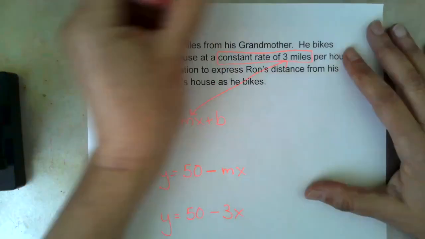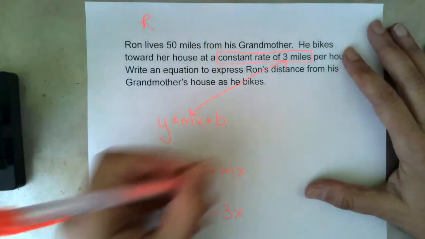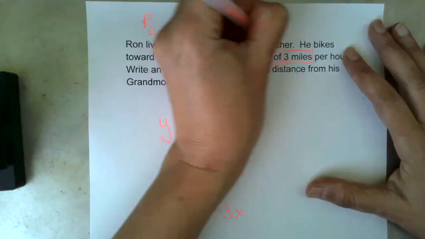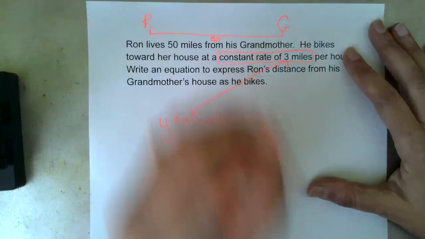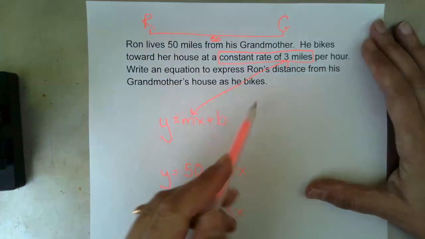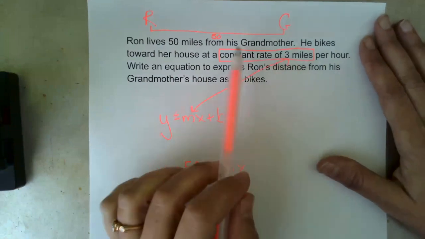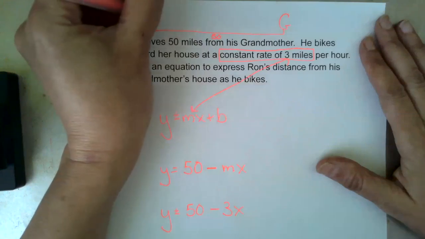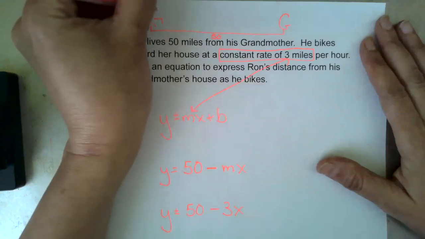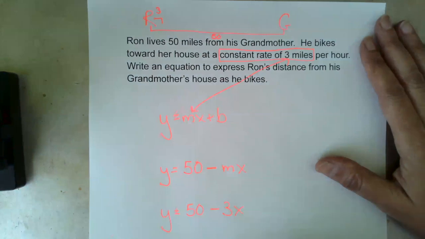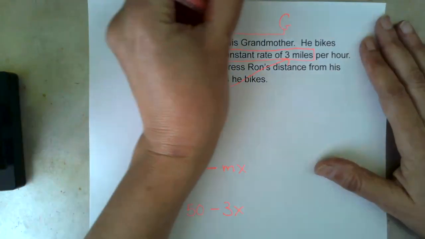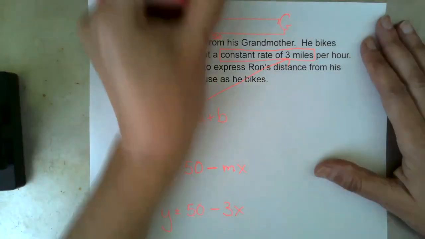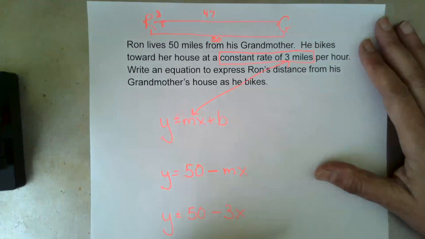So let's draw a little picture. There's Ron, and there's Grandma. And we know that this is a distance of 50. And we know that he is biking at 3 miles per hour. So for example, after he has biked for 1 hour, he has covered 3 miles. How far is he from Grandma? Well, we know he's 47 miles from Grandma. And how do we know that?